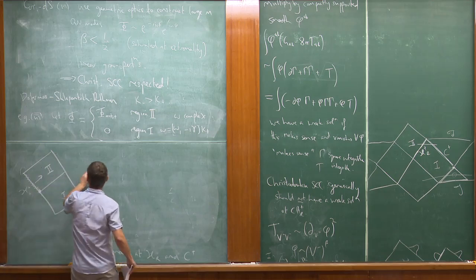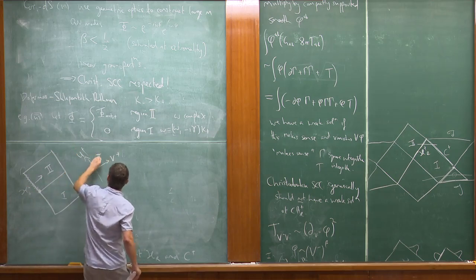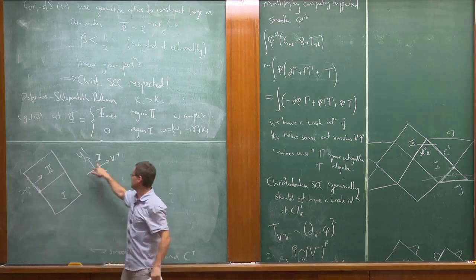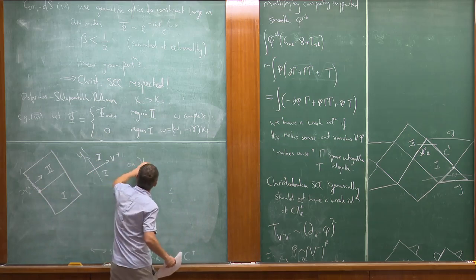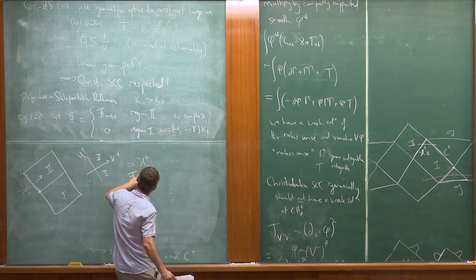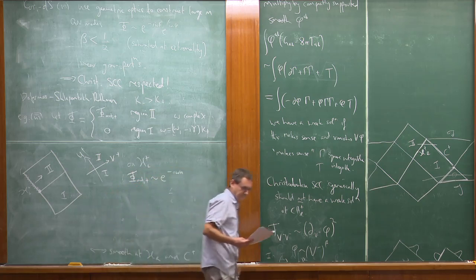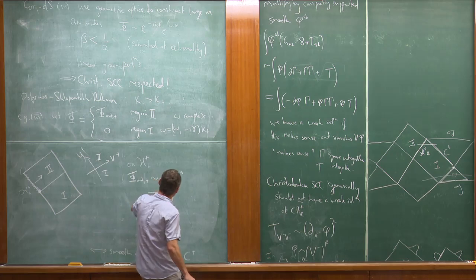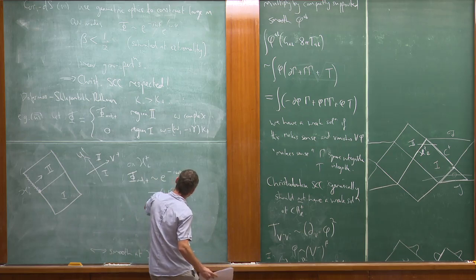So remember our cross-scale coordinates look like this. So this is region 2, this is region 1. So let's work out how smooth this data is as a function of U plus. On this part here, these modes are defined by going as U to the i omega over kappa plus.